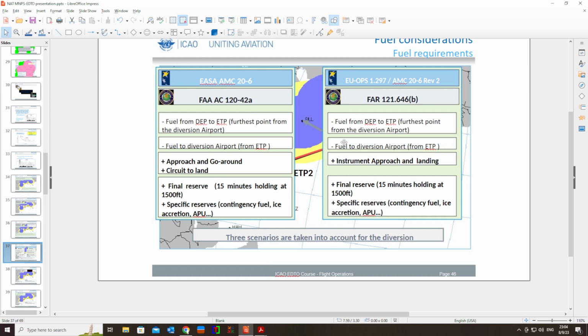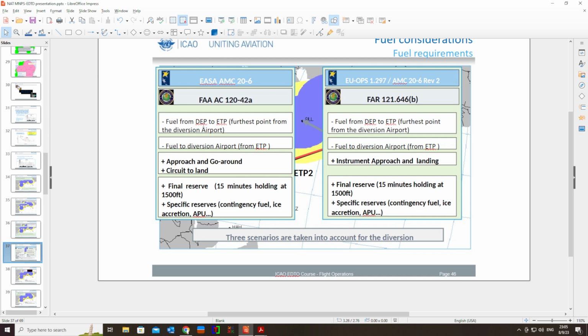These are the minimum requirements for FAA and EU ops following the ETOPS fuel policies. These are a bit old. I need to go ahead and cross-check if this remains the same. I didn't do that, but most likely it's gonna be similar to that.